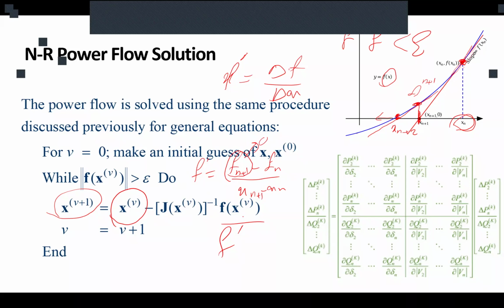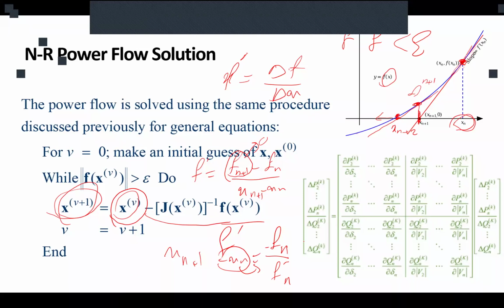So when you do that, x n plus 1 minus x n becomes minus f n over f prime n. We move this x n here, so x n plus 1 becomes x n minus f over f prime.